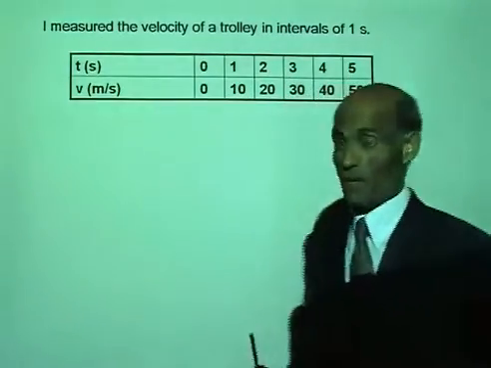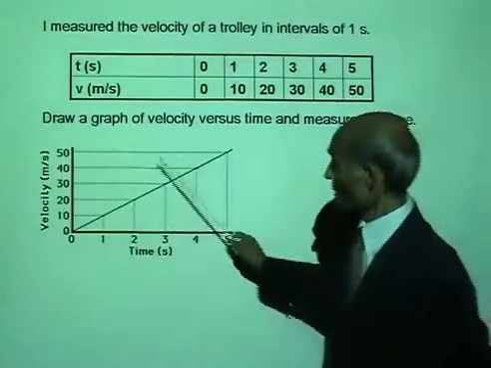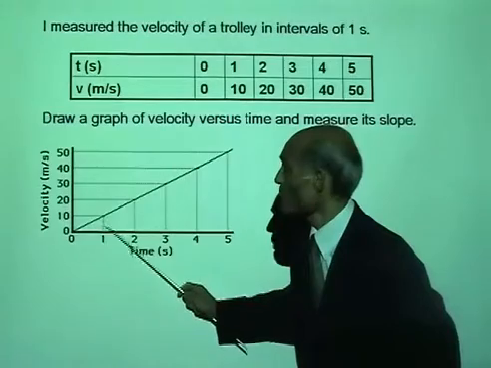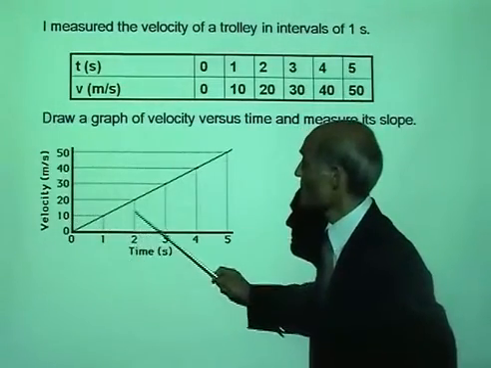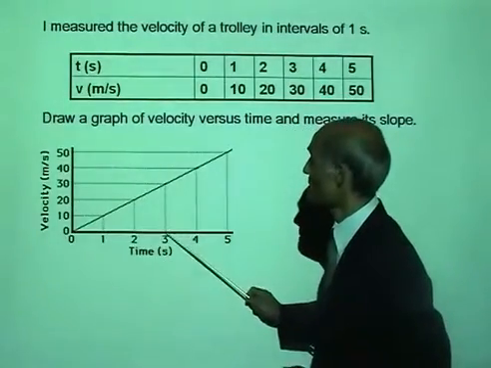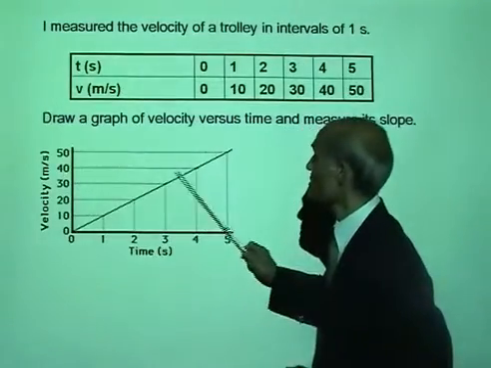Okay, alright, let me show you the graph I did. Now this is the graph I did. You can see when time is 1 second, the velocity is 10 meters per second. When the time is 2 seconds, the velocity is 20 meters per second. The time is 3 seconds, the velocity is 30 meters per second.